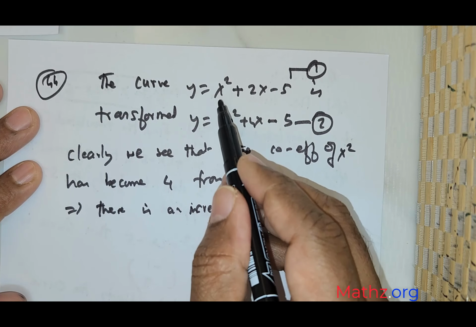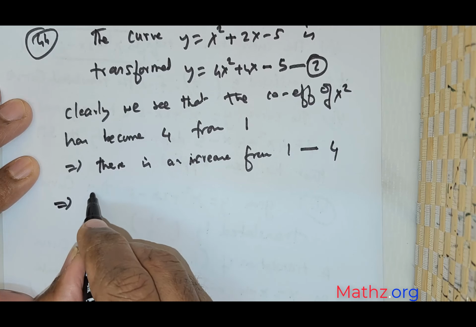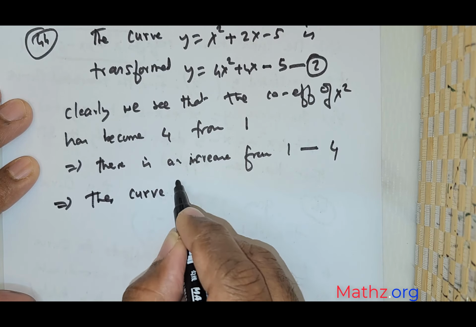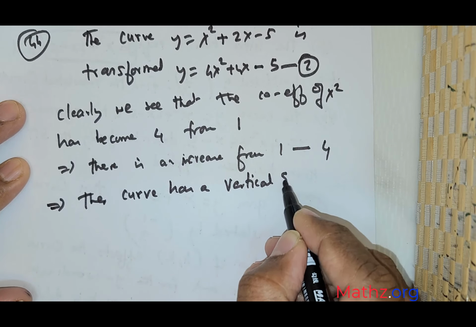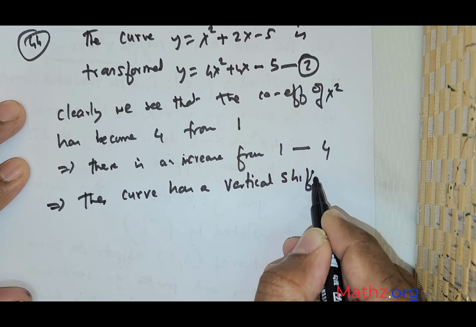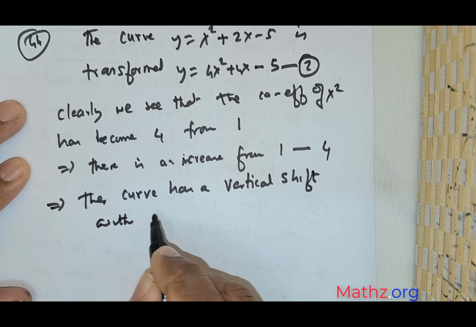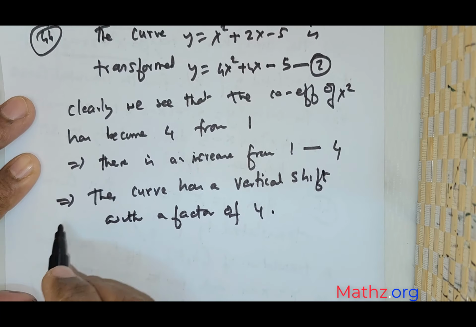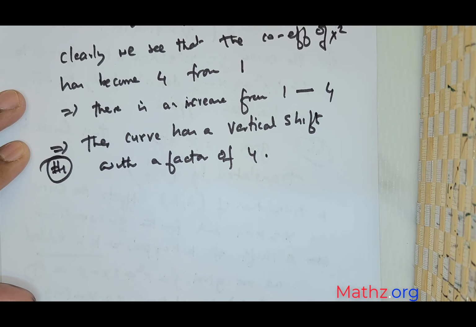So once the coefficient of x squared changes, we can directly conclude that the curve has a vertical shift with a factor of 4. So that's the first observation. The curve has a vertical shift with a factor of 4.